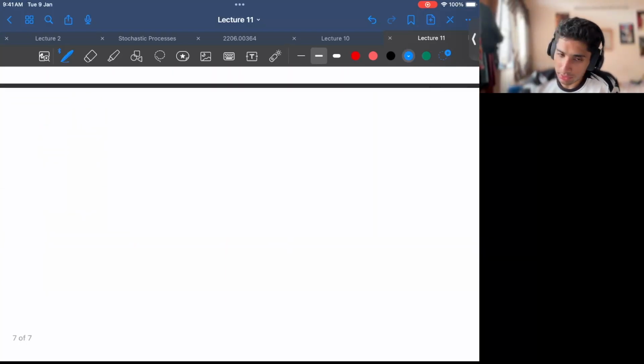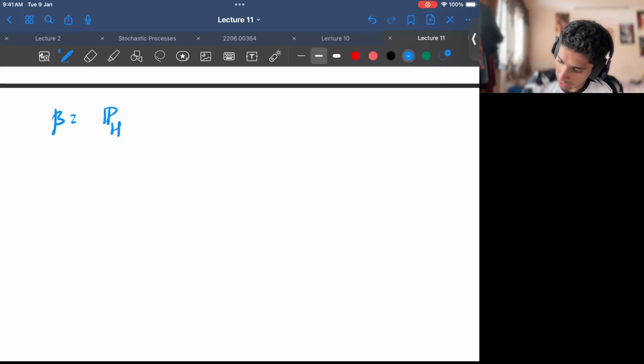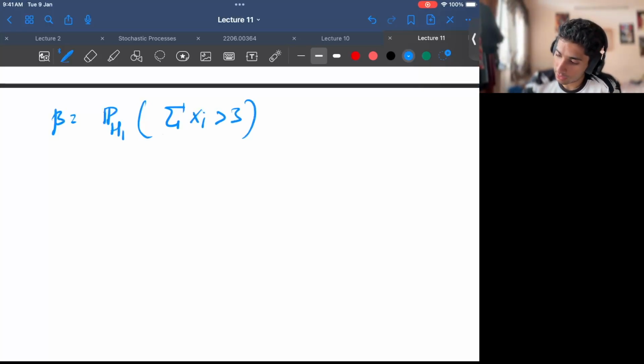And what is the power? Power is beta, right? So the power is basically, under h1, you look at h1 and the probability of rejecting the null hypothesis. So summation xi greater than 3, i going from 1 to 5. This is the probability under p equal to what?